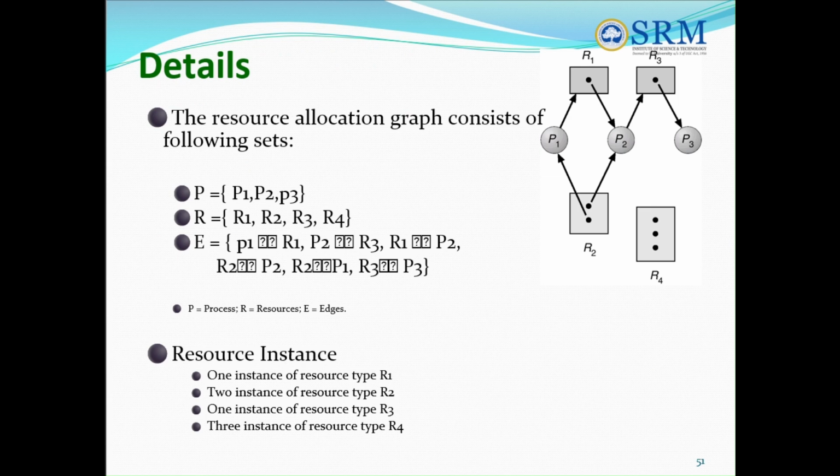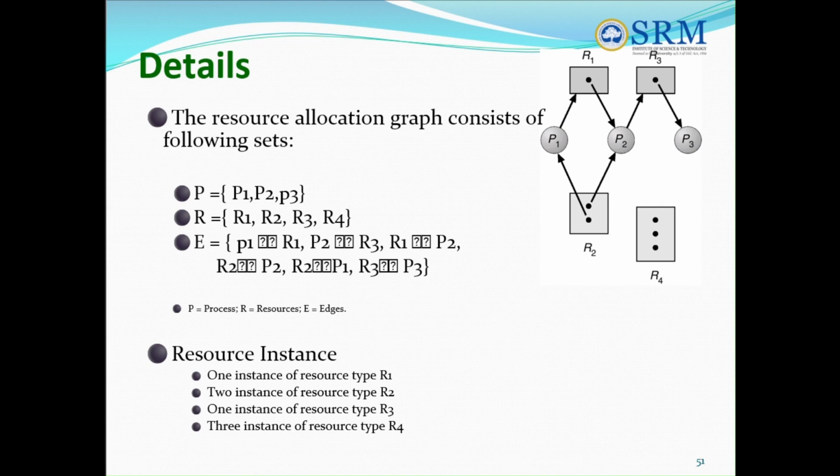Next are the details of how we allocate the resources. Here we have three resources with the processes. Process P1 is requesting resource R1, but resource R1 is already assigned to process P2. Process P2 is requesting resource R3, but R3 is already assigned to process P3. At that time deadlock will occur.